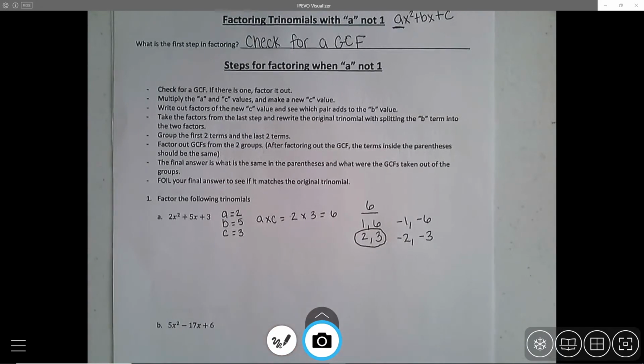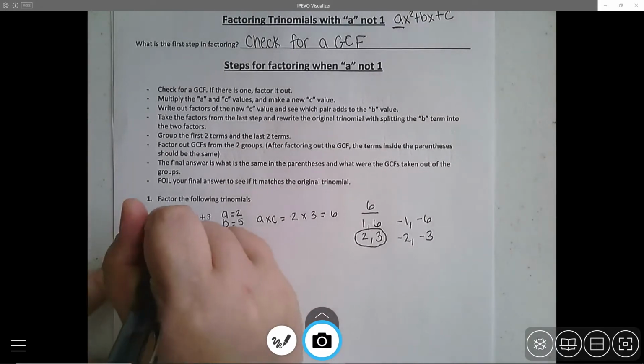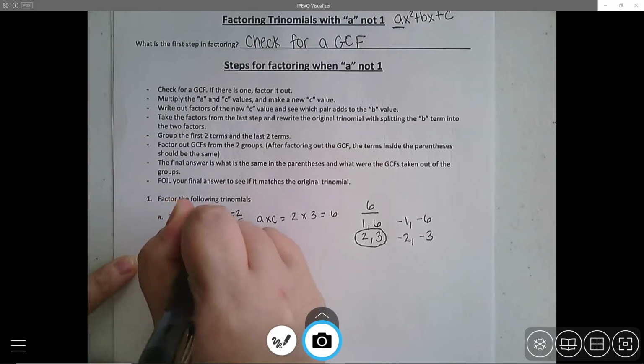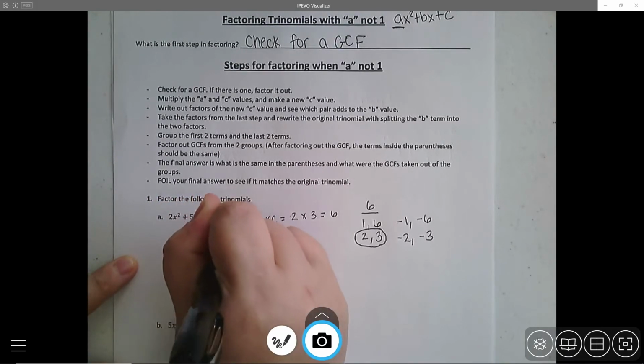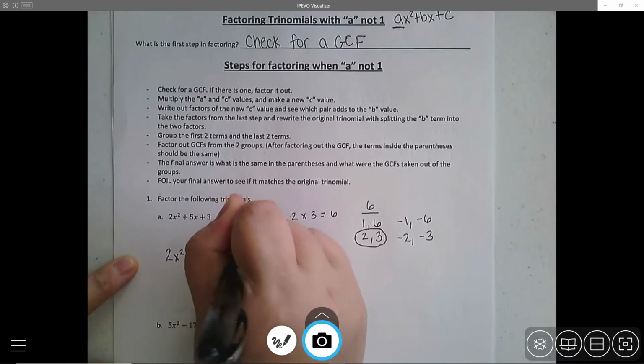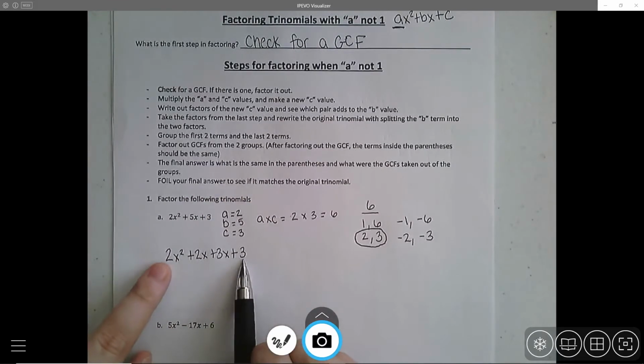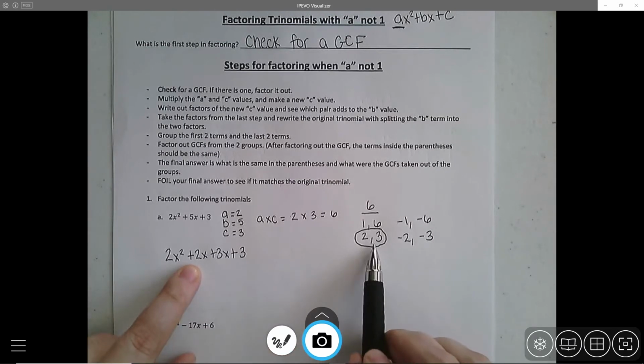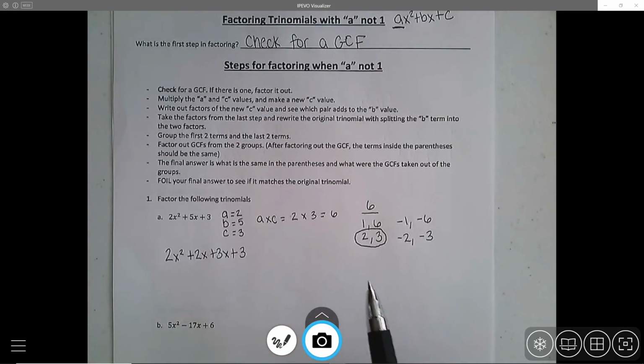It does not matter the order they go. So I could do 2x squared, and now my 5x is going to be the 2x and the 3x, and I keep the A and the C terms the same. Your B is what split up into these factors that you found here. Okay, that is take the factors and split the B.